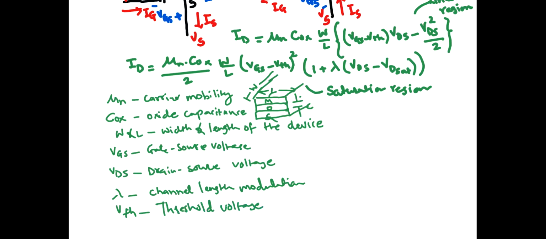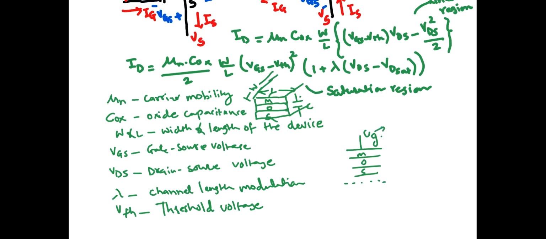So remember, when you apply a gate voltage, this is your VG, on top of the metal oxide and the semiconductor, there is a channel inversion. Until the channel inversion is reached, you need to keep increasing this voltage.